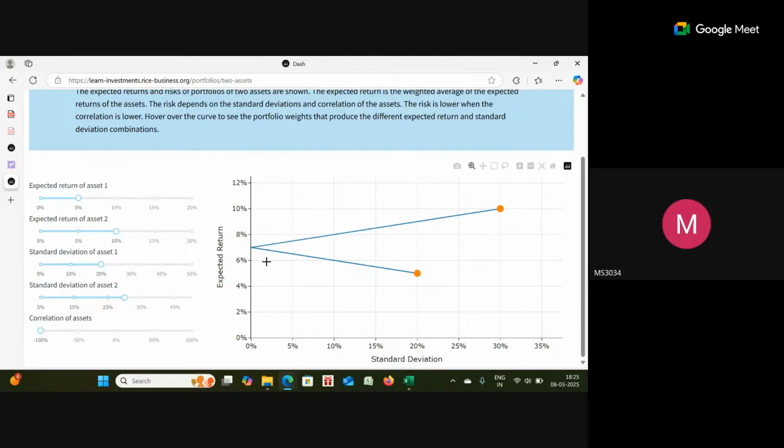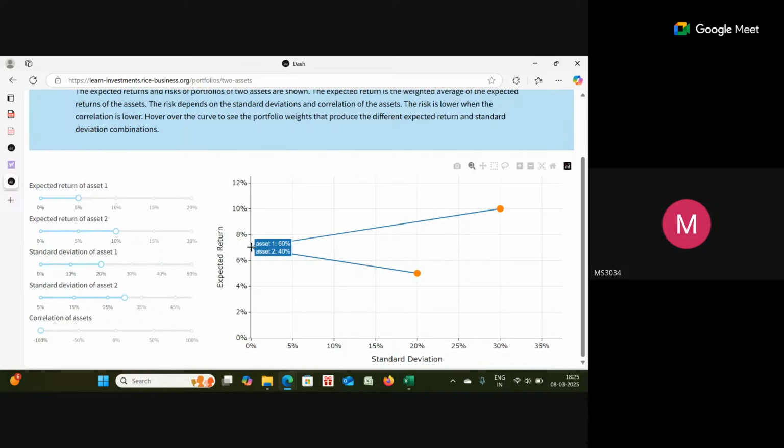There will be a portfolio possible where your standard deviation, or the risk, is approximately zero and you are receiving some return. If you go to that point, it will show you asset 1 with 60% and asset 2 with 40%.